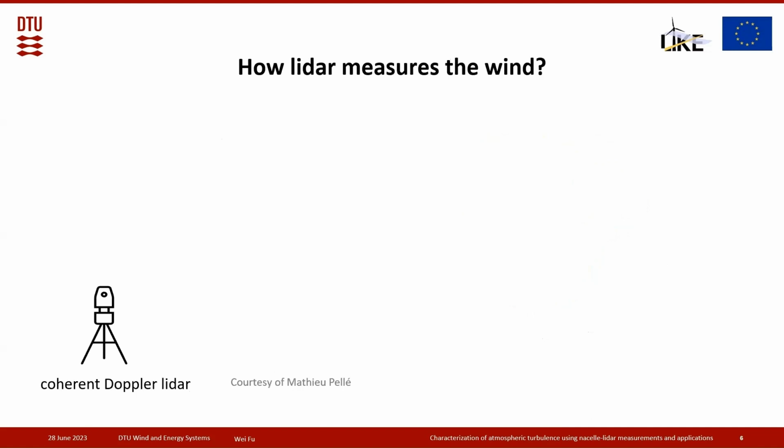So I want to introduce a bit how the LiDAR measures the wind, if the audience is not familiar with that. Just like SODARs or radars, the Doppler LiDAR measures the wind using the Doppler effect. The coherent Doppler LiDAR emits a coherent laser beam into the atmosphere.